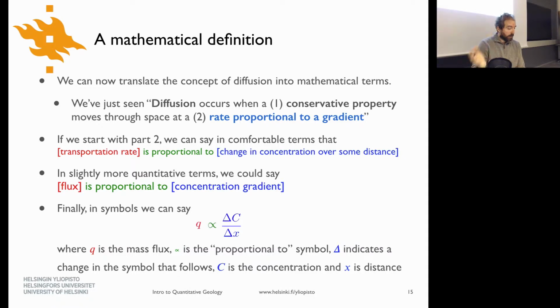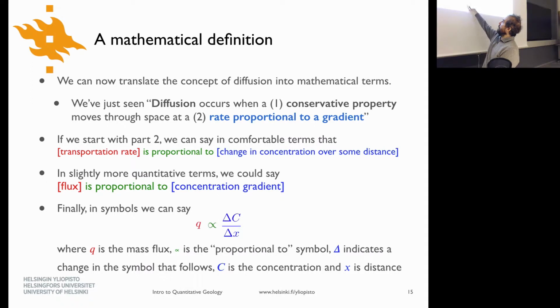So they're not exactly equal, but with some kind of scaling constant out in front of them, they would be related to one another. And then the concentration gradient here is just the change in C, change in concentration, over some change in distance x. So this is just mathematically rearranging what we have here.